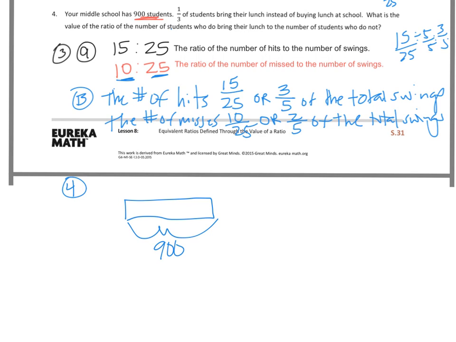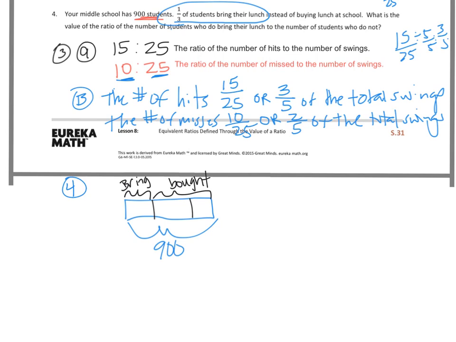It says that 1/3 bring their lunch. So I'm going to break this into thirds. And I know that one of the thirds is people who bring, and the other 2/3 is the ones who bought.